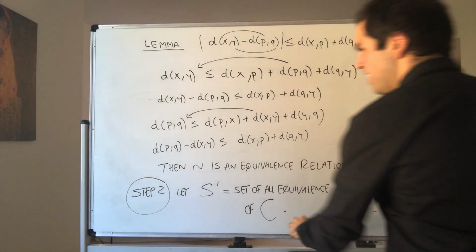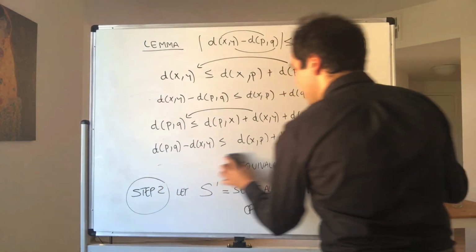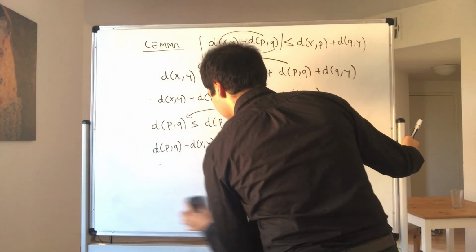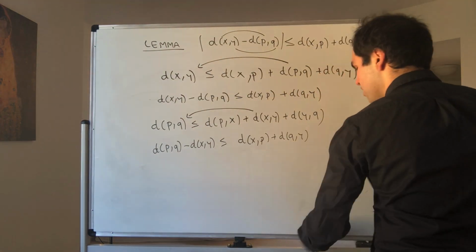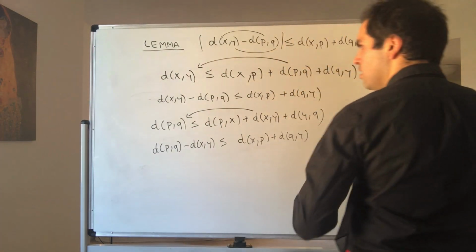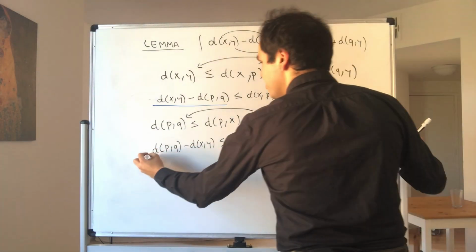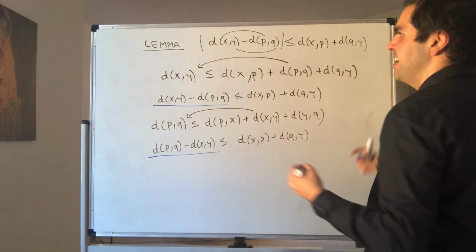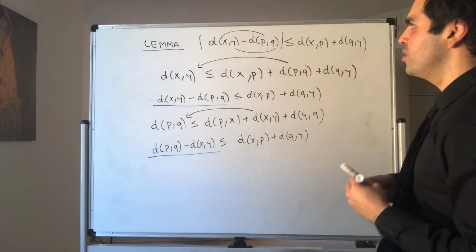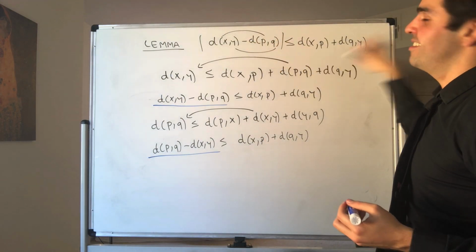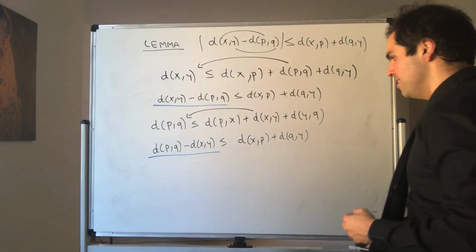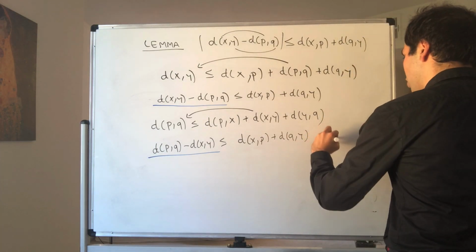Okay. And then essentially you're done, because here you're saying x is less than or equal to a constant. Here you're saying minus x is less than or equal to a constant. So the absolute value of x is less than or equal to that constant. So the lemma has been shown.